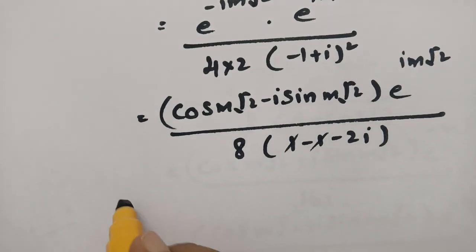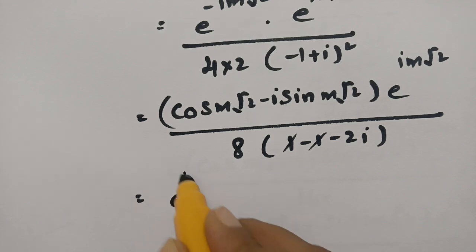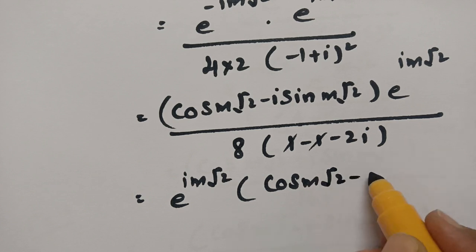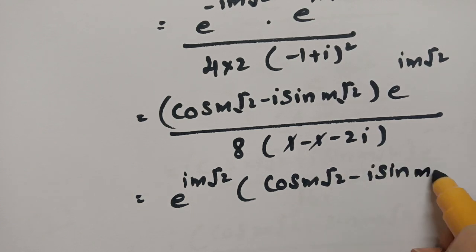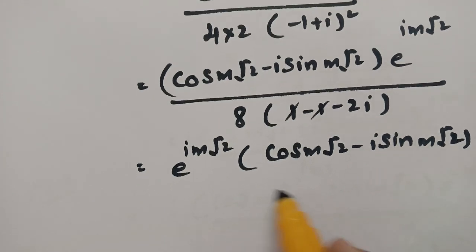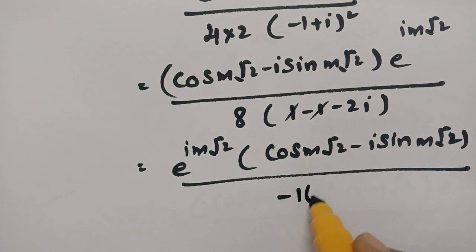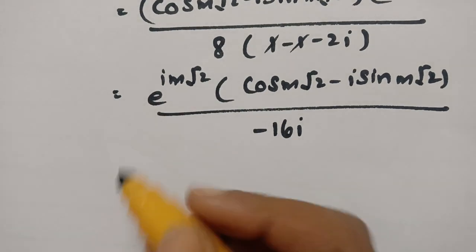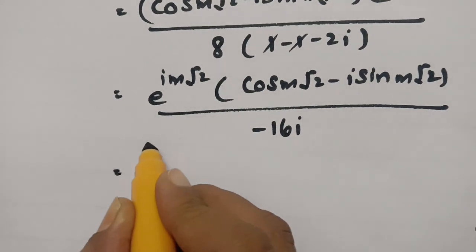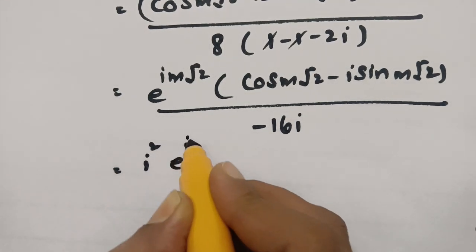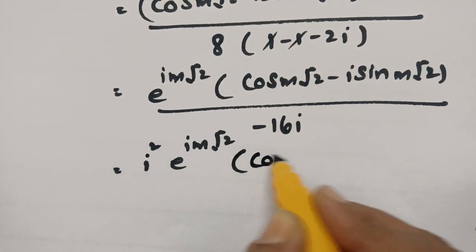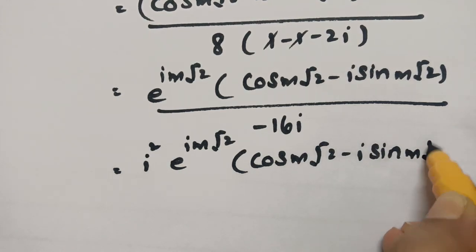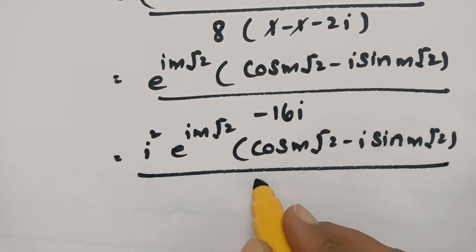If I cancel this one, what happens? This will be e^(i m √2) into (cos m√2 minus i sin m√2) by minus 16i. So I am writing this in the numerator as i², e^(i m √2) into (cos m√2 minus i sin m√2) by 16.